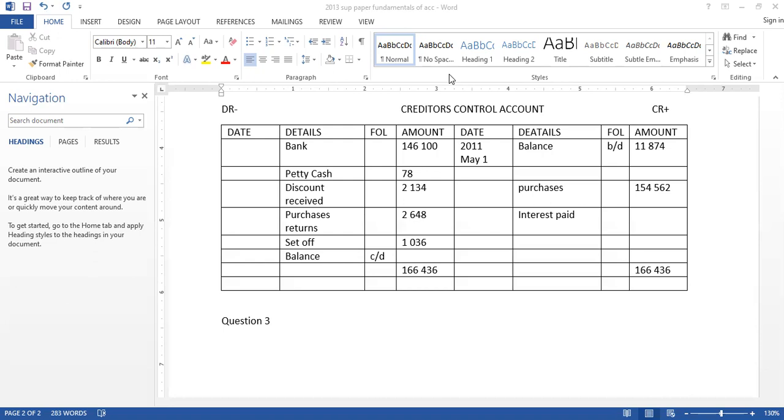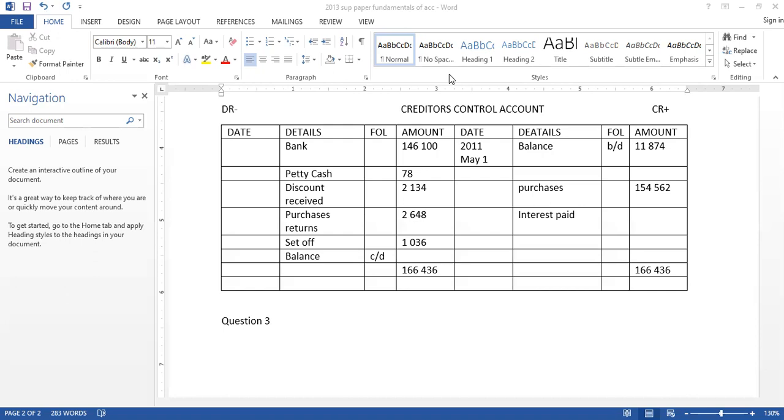And the credit side of your supplier statement is the same as the debit side of your creditor's ledger account. I believe that is clear.